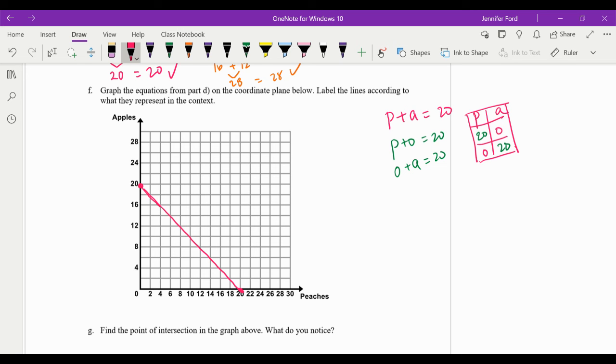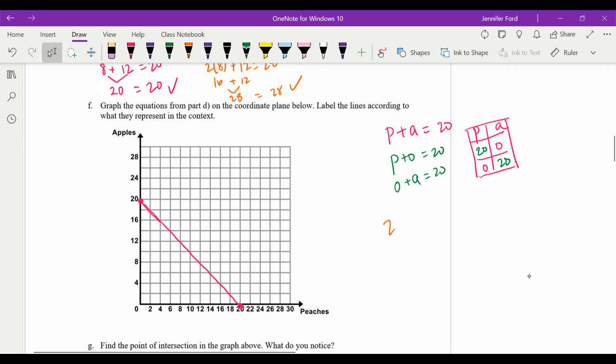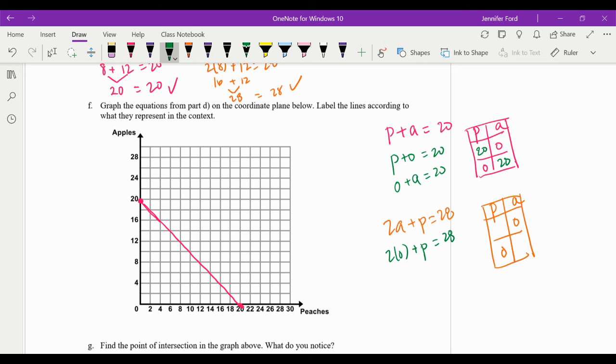Okay. And then for the other one was 2A plus P equals 28. I'm going to use the same strategy. And if A is 0, 2 times 0 plus P is 28. P has to be 28.